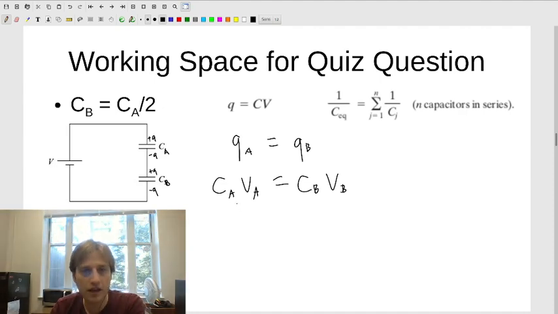Now I can say, look, the capacitance of B is just going to be the capacitance of A divided by 2.